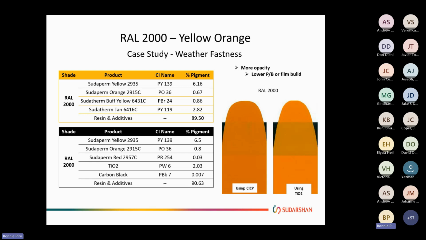You can take advantage of that extra hide by reducing your P2B level for an improved value to your formulation, or you could pass that along to your end customer, and they could apply the coating at a lower film build and get the same hiding. So there are a couple of options there to take advantage of that additional value with the reformulation.